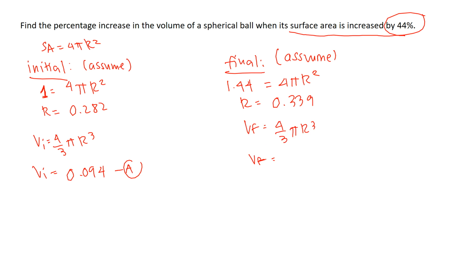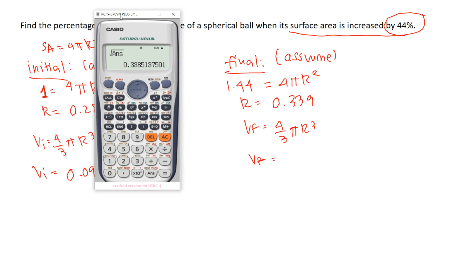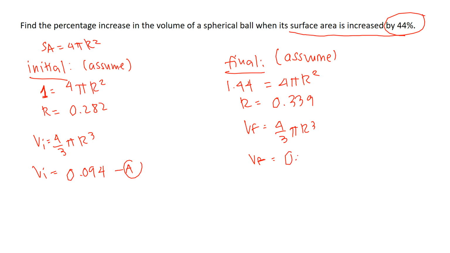Please solve, class. 4/3 pi times 0.339 cubed. So our volume is 0.162. Please shift store that in B.